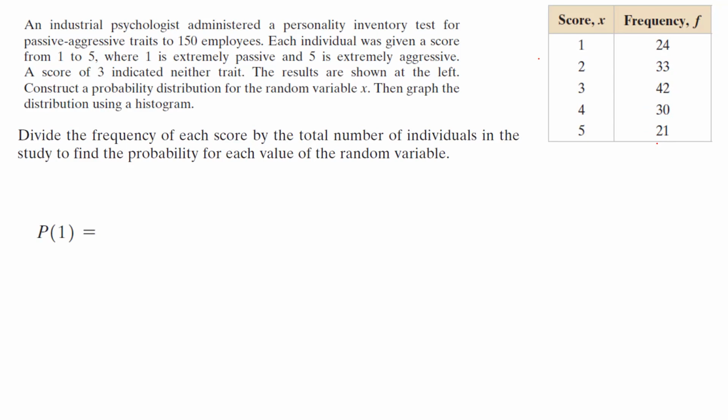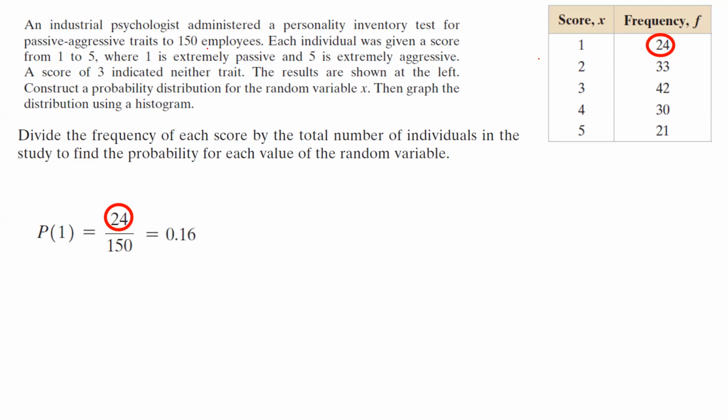The probability of score 1 is the frequency of score 1, which is 24, and you're going to divide that by the total frequencies, or the total number of people who participated in the study. If you do the division, it's equal to 0.16.